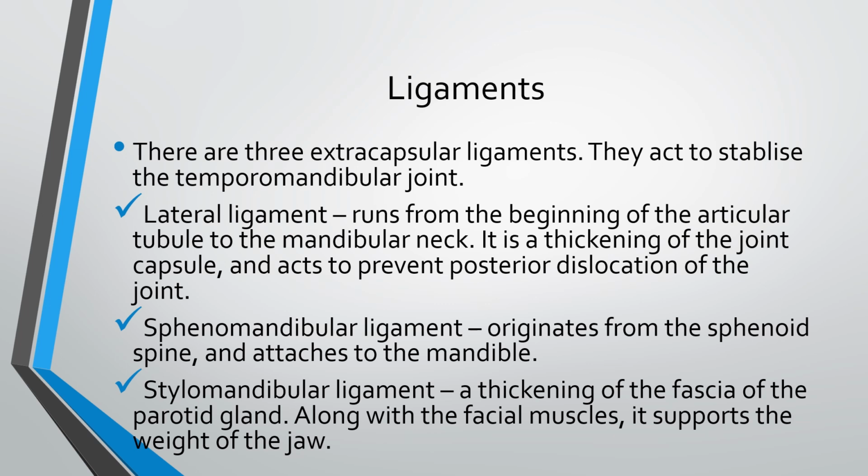The sphenomandibular ligament originates from the sphenoid spine and attaches to the mandible. The stylomandibular ligament is a thickening of the fascia of the parotid gland along with the facial muscles. It supports the weight of the jaw.